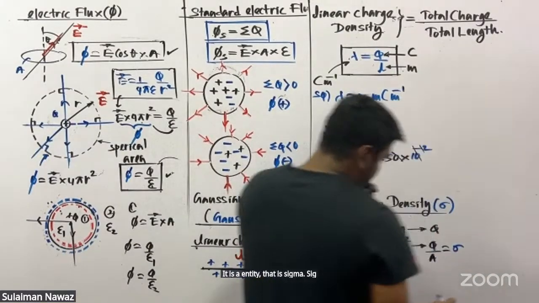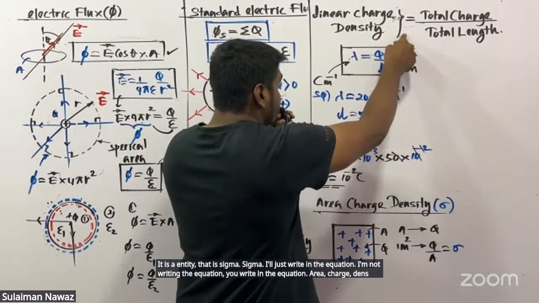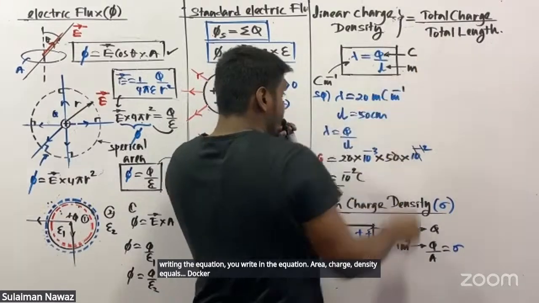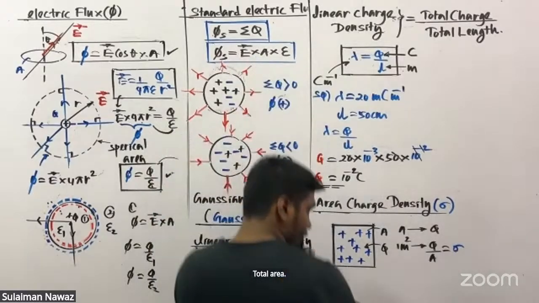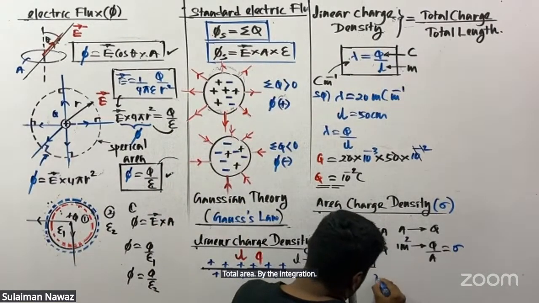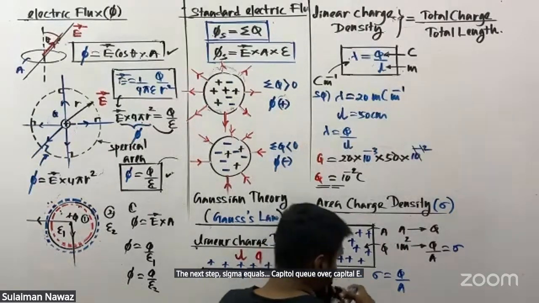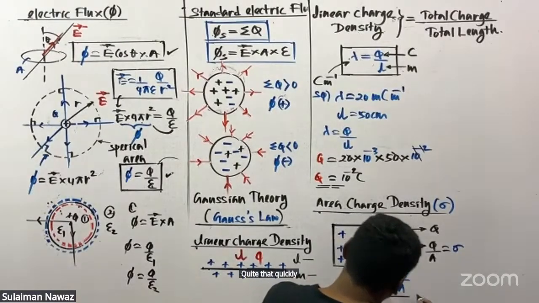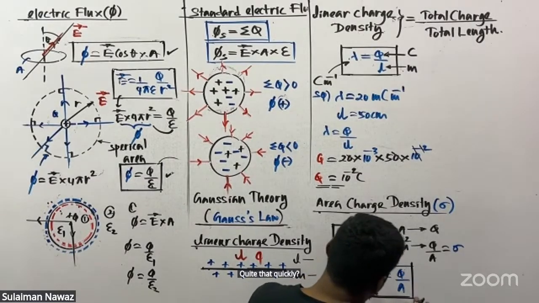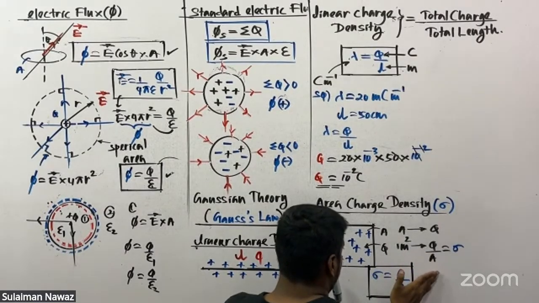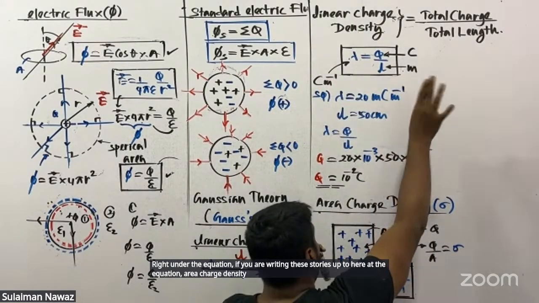Write the equation: area charge density equals total charge over total area.